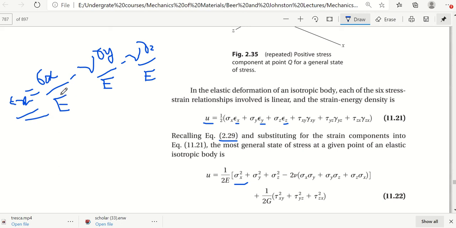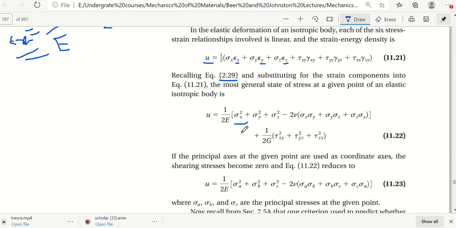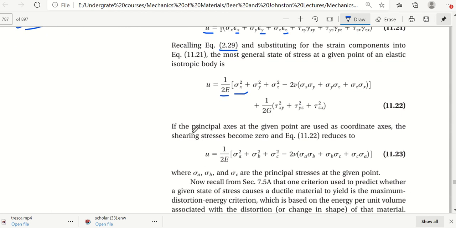So substituting all these for the x, y, and z in this equation, we will get this kind of equation. You can do it on your own, and just substituting this you will get this relation. So if the principal axes at the given point are used as coordinate axes, the shearing stresses become 0 and equation 11.22 reduces to this.